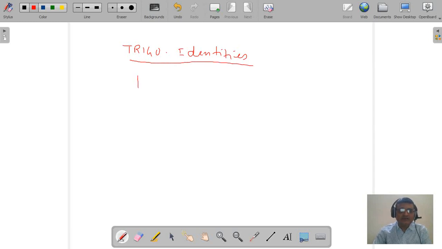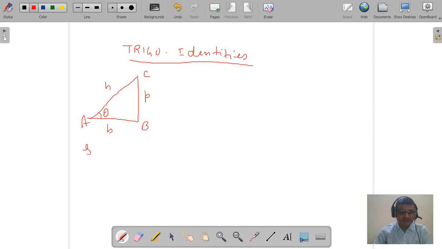So we are taking up a right angle triangle. Say this is A, this is B, and this is C. Say this angle is theta, and this is base, this is perpendicular, and this is hypotenuse.